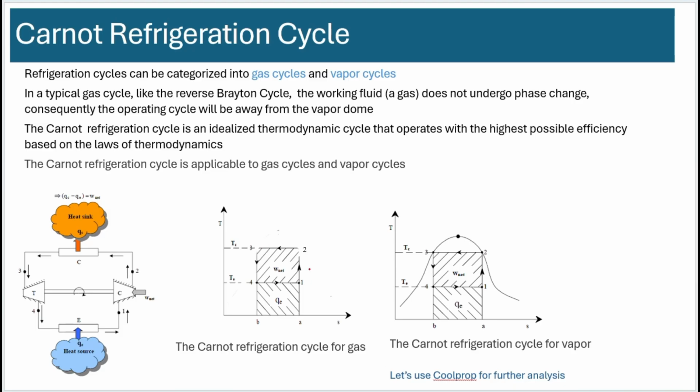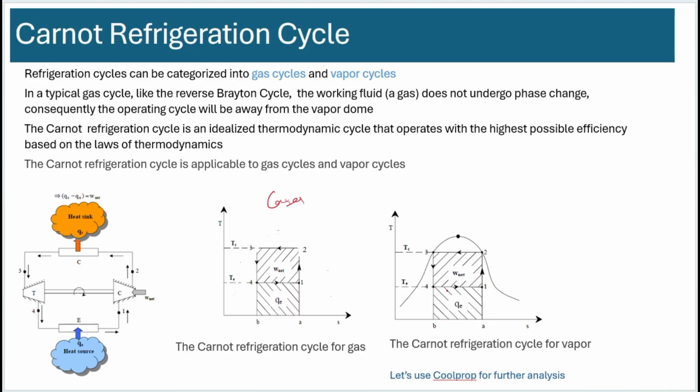So if we draw the TS diagram for gases, there's no phase change diagram in here. Their phase change occurs far away at lower entropies compared to where they normally operate.